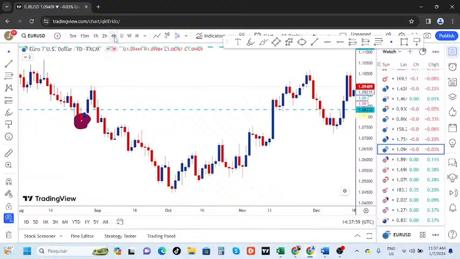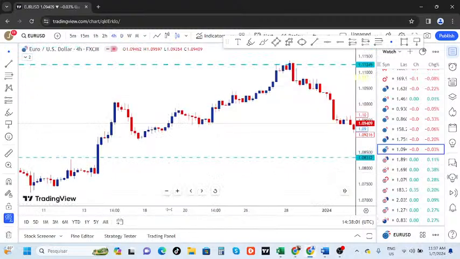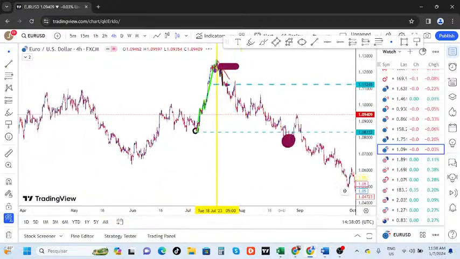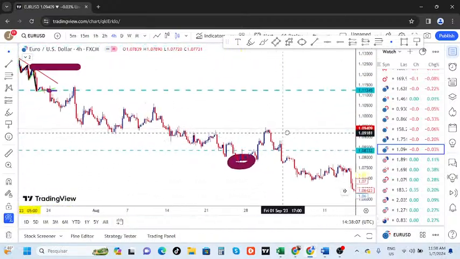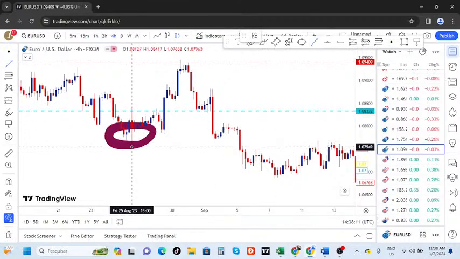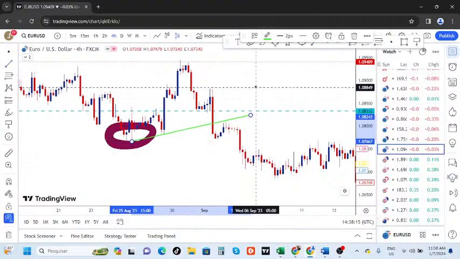So if you have patience, and you decide right here to sell this market at this level back in time, you would have won this trade.